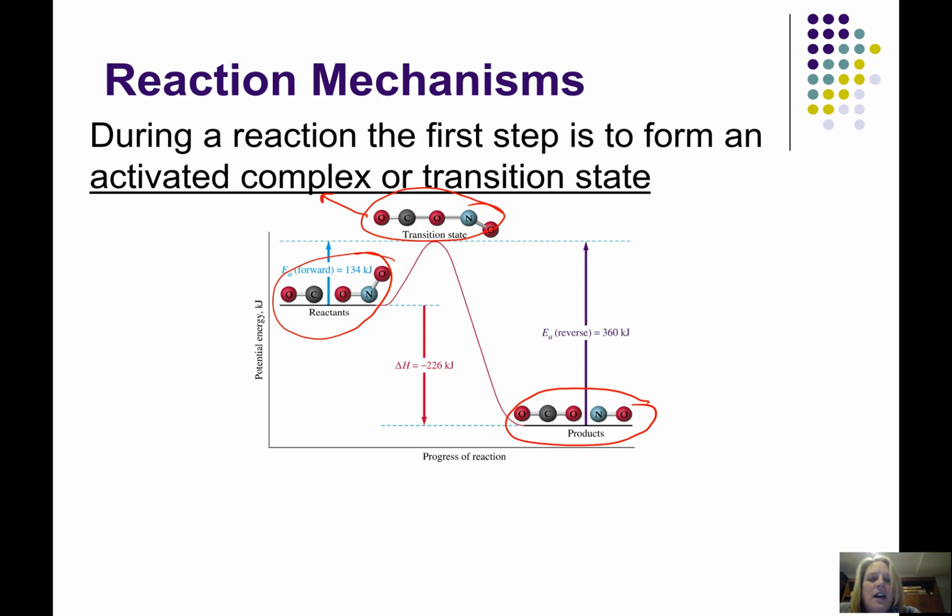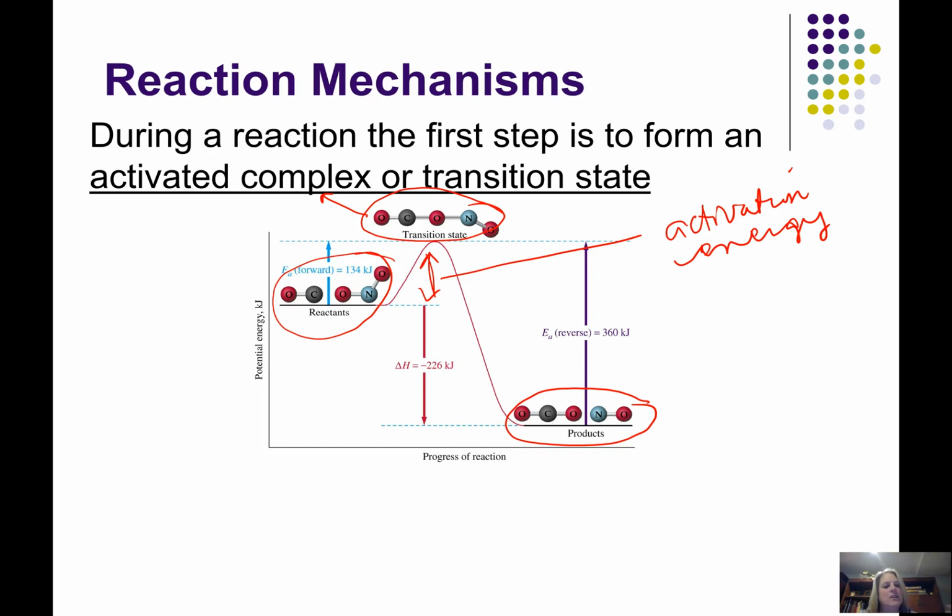And then there's one other thing you'll need to identify, which is the activation energy. Activation energy. Oh, that looks beautiful, doesn't it? I'm so good. So this is just a simple one-step reaction.